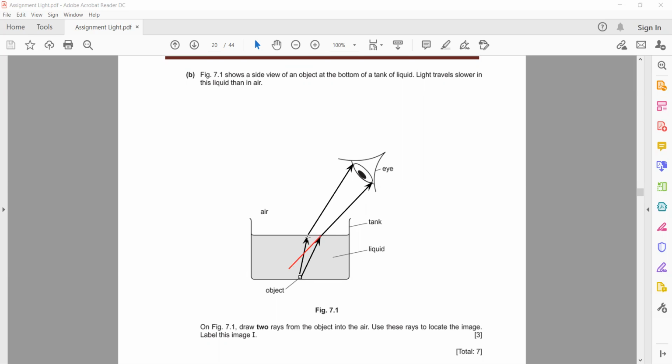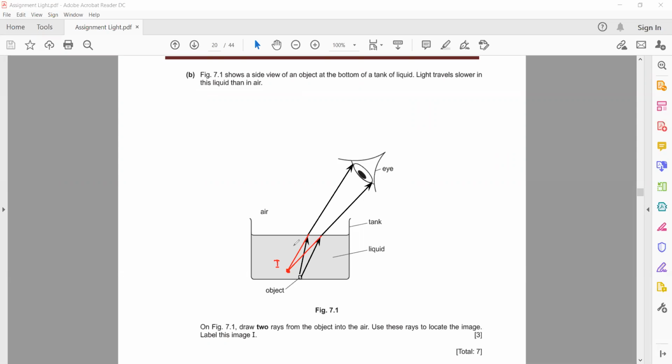So when our brain relocates the position, the point where our brain makes these lines intersect is the position where we'll get the image. That is why, for example, a swimming pool in reality is deep, but it appears to be shallow due to refraction of the light from the bottom.